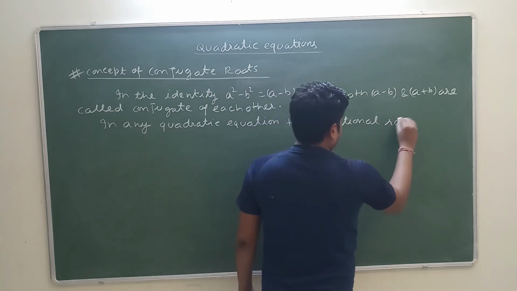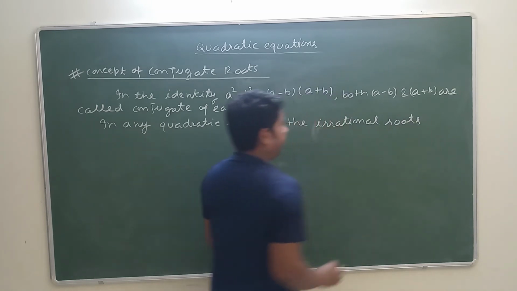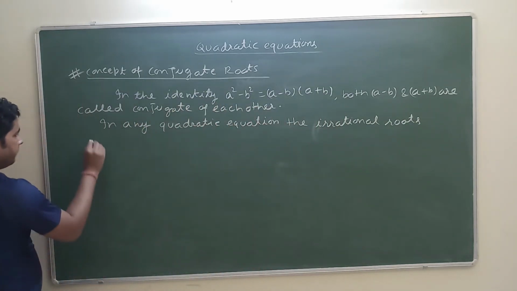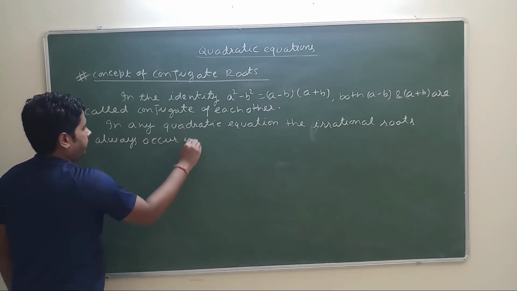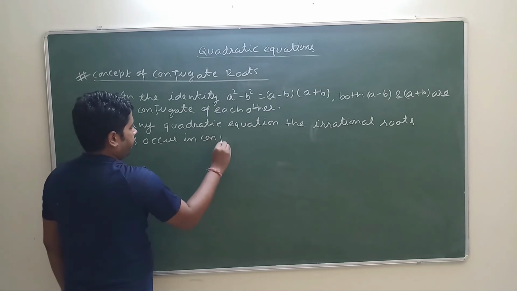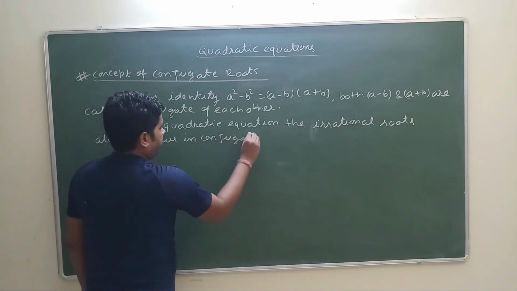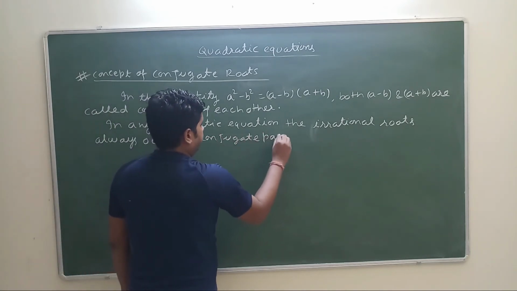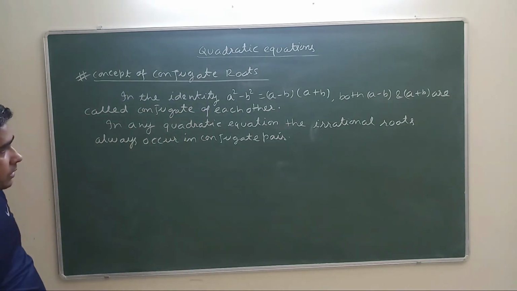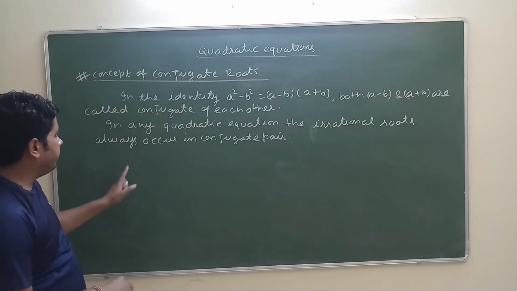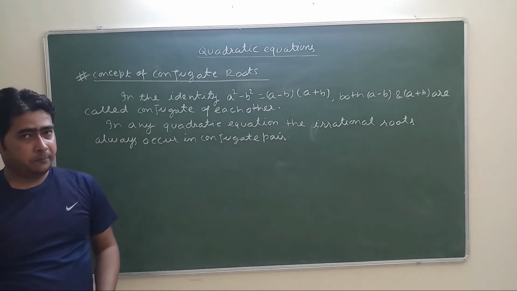So in any quadratic equation, irrational roots occur in conjugate pair. In any quadratic equation, irrational roots always occur in conjugate pair.